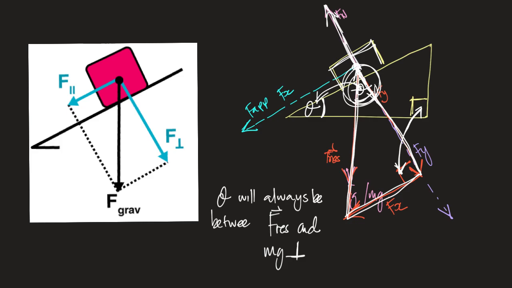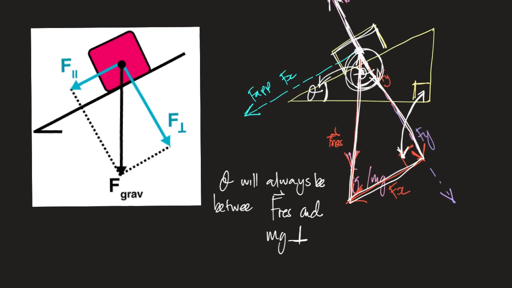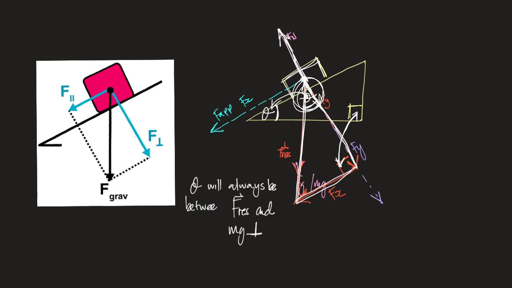So essentially what's happening in these sort of setups is we need to resolve into components. Now when we talk about resolving into components, they come with formulas of their own. So when I think about those formulas, I know that Fg is going to give me mg, right? Which is great. That's my gravitational force.